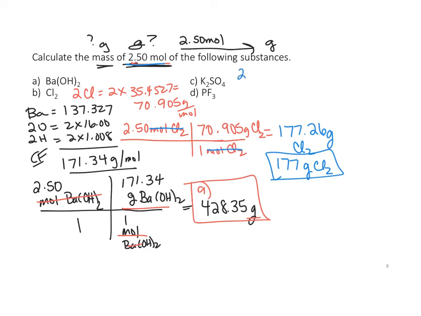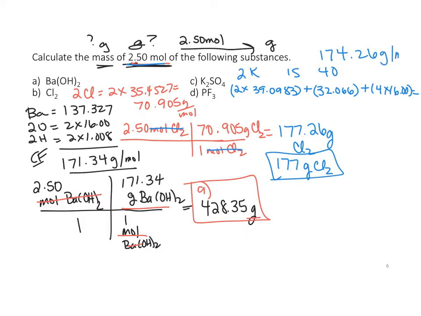Okay, for C, we have 2 potassiums, 1 sulfur, and 4 oxygens. So 2 times 39.0983 plus sulfur, 32.066, plus 4 times 16 for oxygen. That gives you a formula mass of 174.26 grams per mole.